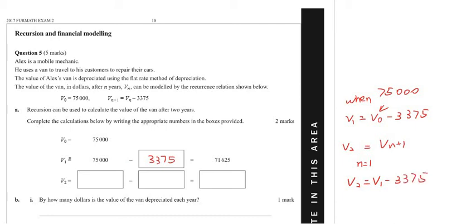From the previous term, we know that my V1 is equal to 71,625. So I'm going to write that over here, minus 3,375, and carry out the calculation, and it equals 68,250.